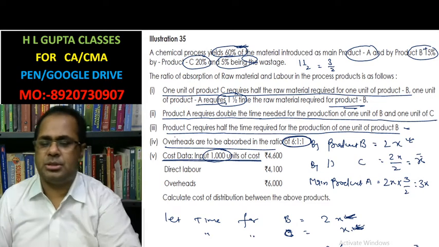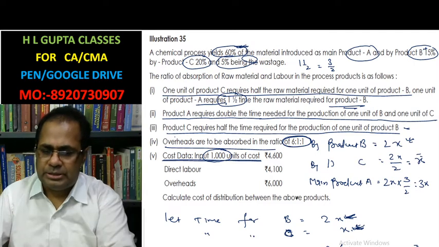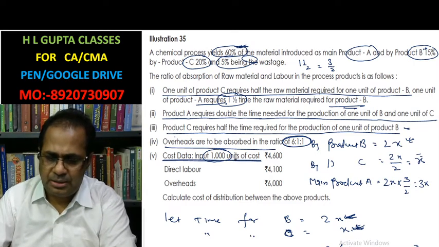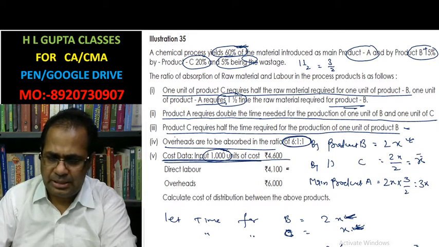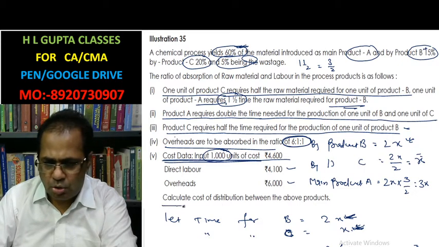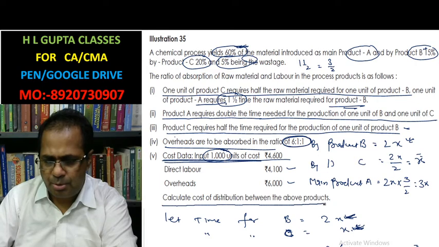These are the productions. These 1000 units' costs are separate: material introduced, direct labor, and overheads. Calculate the cost of distribution between the above production.